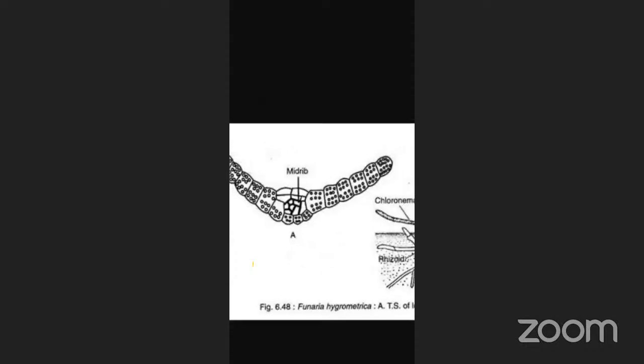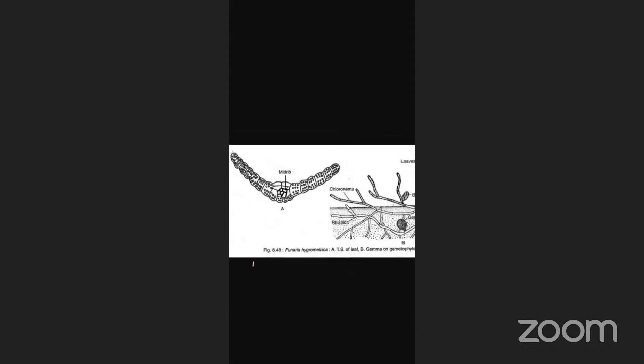So what happened here in the transverse section of the stem: it is spherical in structure. The outer layer is the epidermis, then the middle cortex, and the central region is cylindrical, the central core.